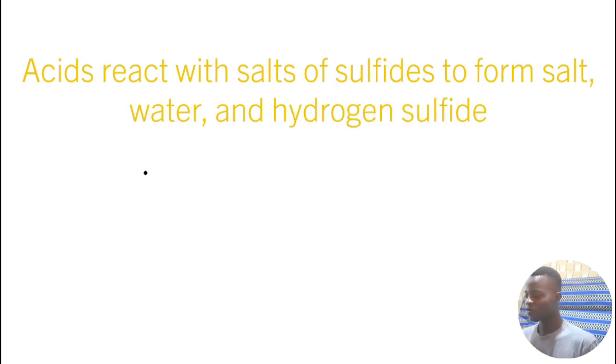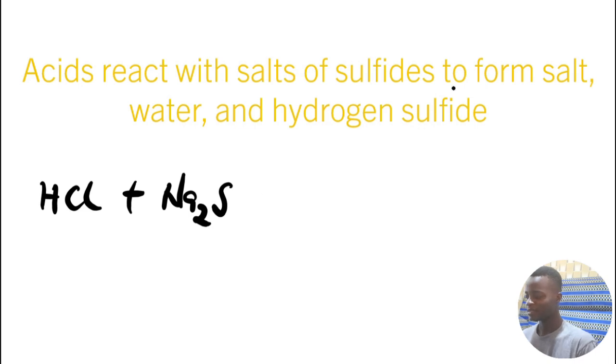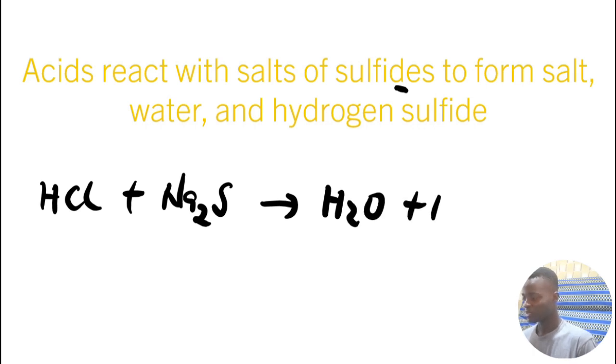The acid we have is reacting with sulfides. So let's say we have acid again, and then Na2S, sulfide, not sulfite like the previous one. Then we are going to have water and the salt. The salt in this case is going to be NaCl, and then hydrogen sulfide, that's H2S.